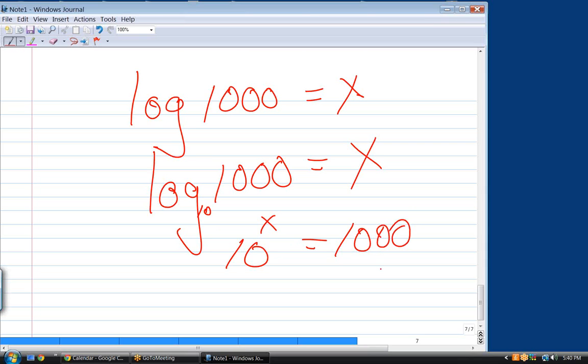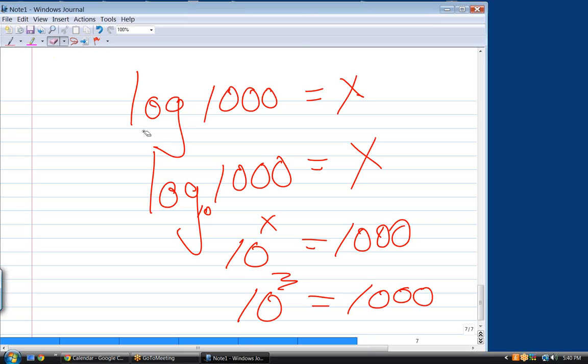Well, what's x? If 10 to the x equals 1,000, what is x? It's 3. Remember, this is an exponent. So, you see why it's 3? Because 10 times 10 times 10 equals 1,000.